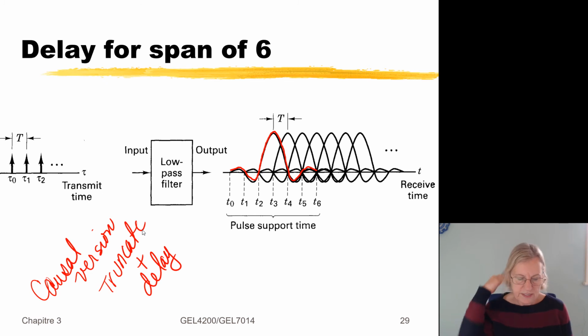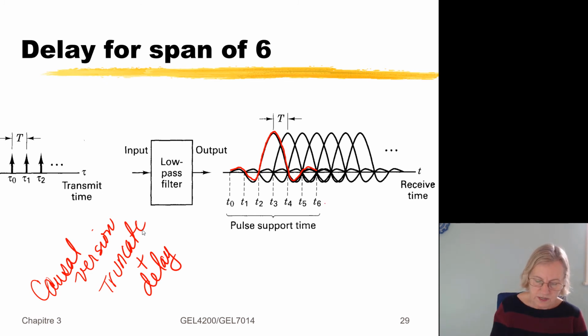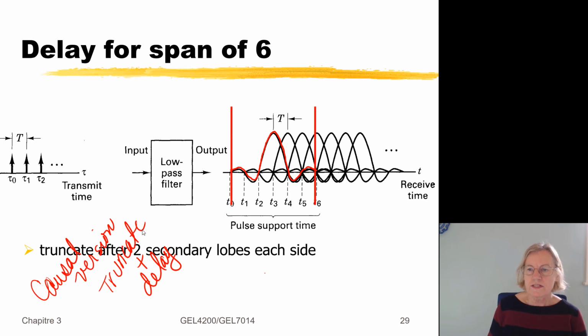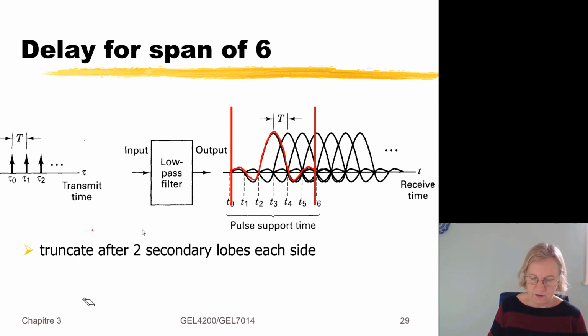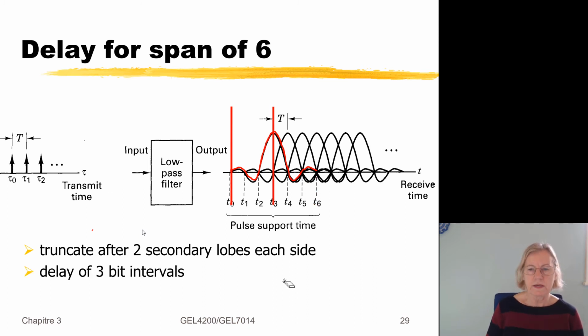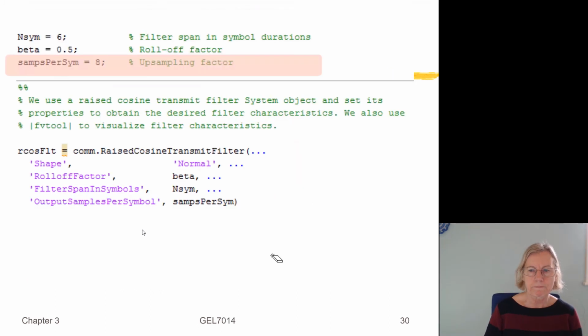And so if we decide that we're going to have something that supports 6 intervals, then we're going to have to introduce a delay in order to have the output come out correctly. So in this case, because we chose a duration of 6, we're truncating after 2 side lobes. And the delay, of course, is going to be half of the duration, or 3 symbol intervals.